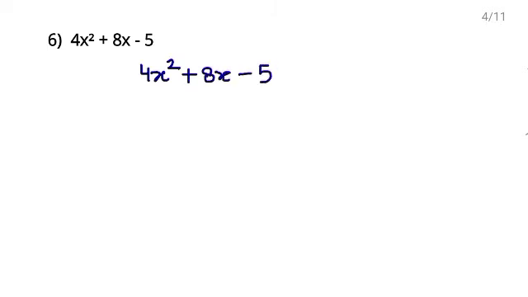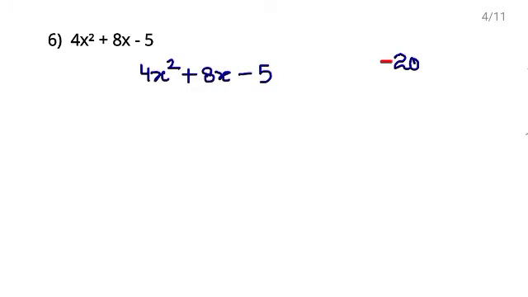Now again this is in the form of ax square plus bx plus c, right? So constant is minus 5 here. Now first of all you will multiply this 4 by this constant term. 4 5s are 20. And that is of minus sign because 5 was of minus sign, right? So this is minus 20.